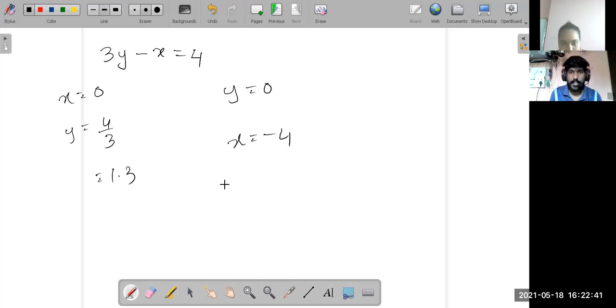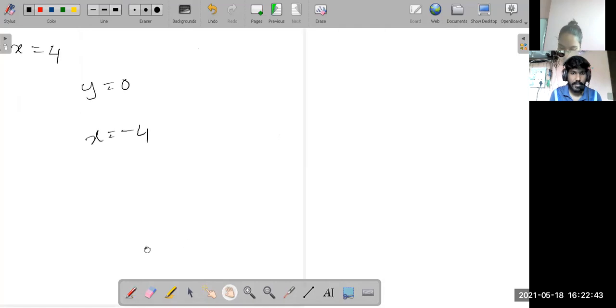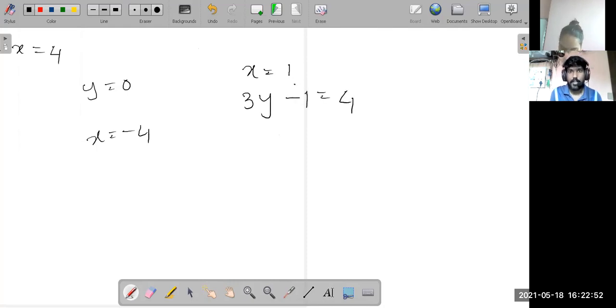Okay, next one is a little bit wrong. When you put x as 1, so 3y minus 1 is equal to 4. Now, when you take -1 to the other side, what will happen? Can you tell me? +1.